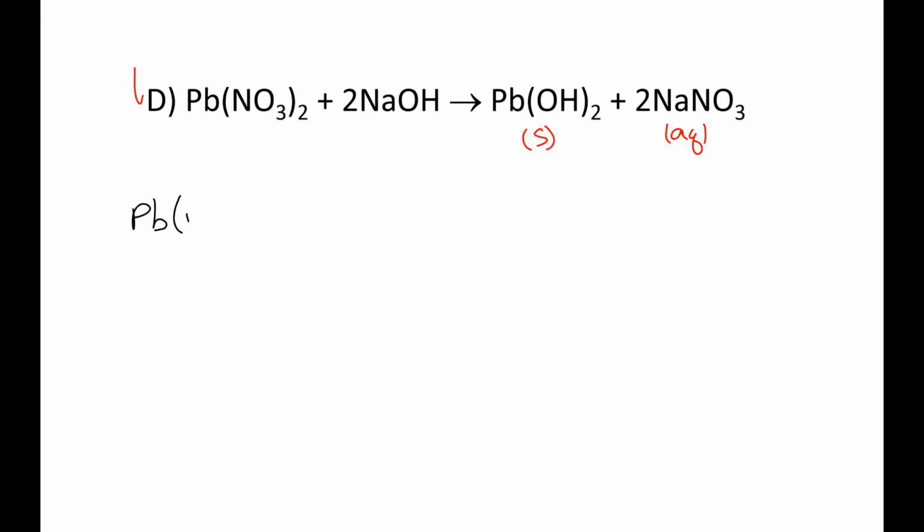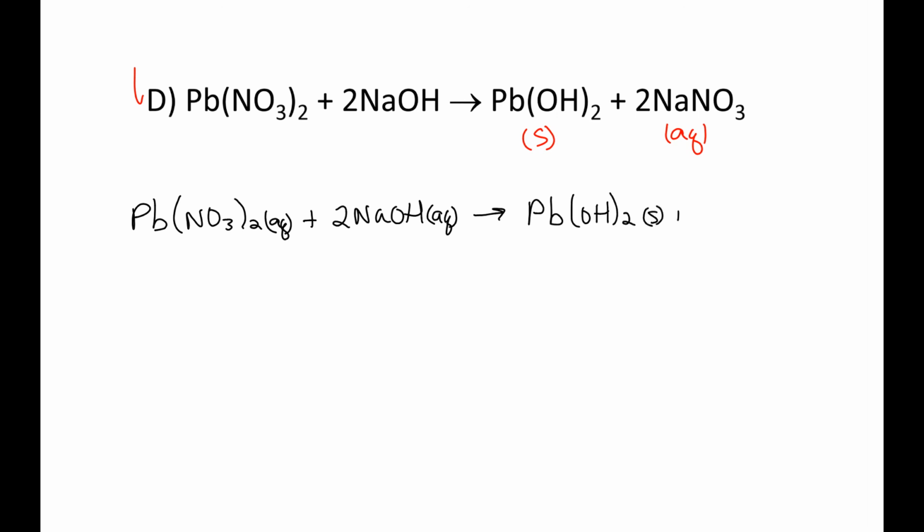So it's Pb(NO3)2 aqueous plus 2NaOH aqueous yields Pb(OH)2 solid plus 2NaNO3 aqueous.